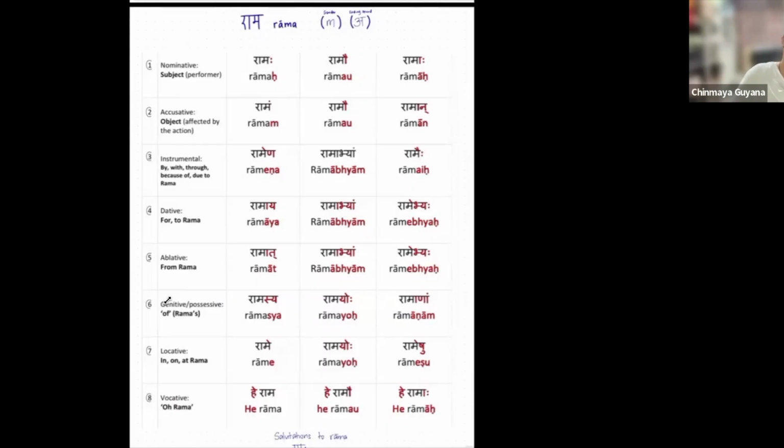So all the red endings are the things that are added to the noun to show its case relationship and number in the sentence. For every word that ends with a that is masculine, it will look exactly like Rama when it is written out and when it is used in sentences.